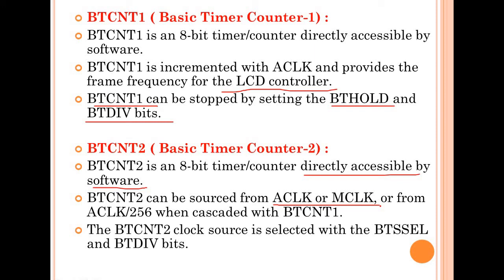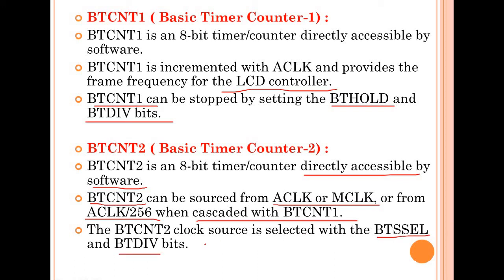And the clock source to counter 2 is A clock by 256 when it is cascaded with basic timer counter 1. The clock source for basic timer counter 2 is selected with the basic timer clock source selection bit and basic timer division bits.